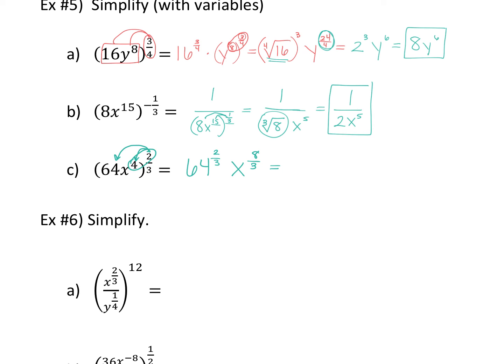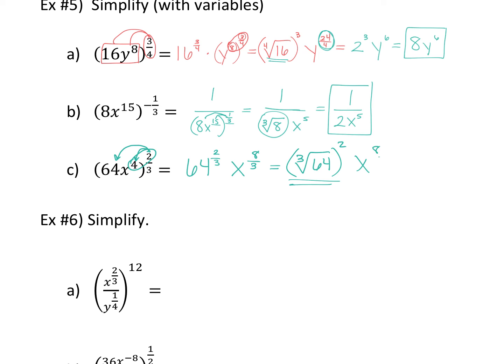Okay. So this is going to be a cube root of 64, and we're going to square that. And then this is going to stay just x to the 8/3. Whenever it's just the variable, we leave it as that rational exponent. We don't need to simplify it because you can't get a simpler number, right? This we can get a number from.